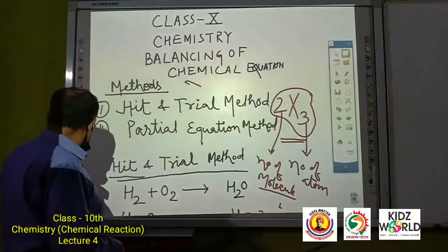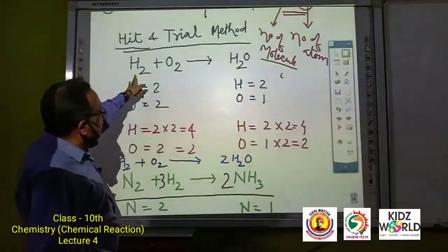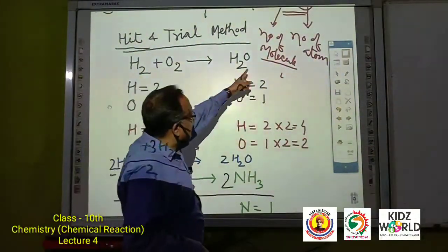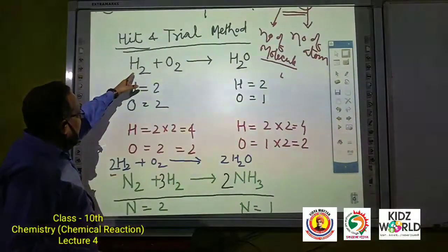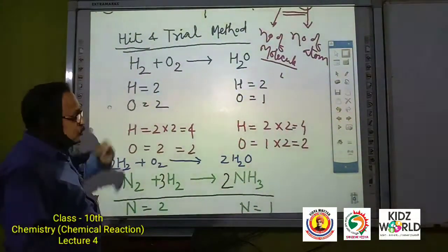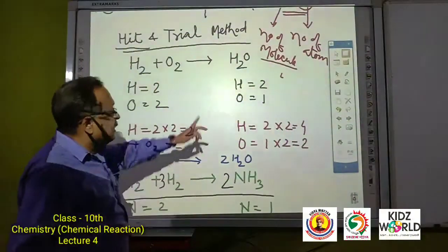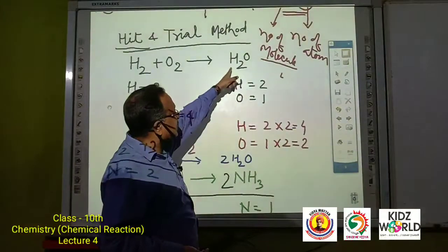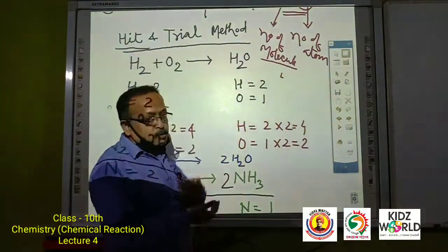Here you will see one example. The example is H2 plus O2 gives H2O, and you have to balance it. Here you see the number of atoms in hydrogen is 2, in oxygen 2, and on the right the number of atoms in hydrogen is also 2, and at the place of O it is 1.